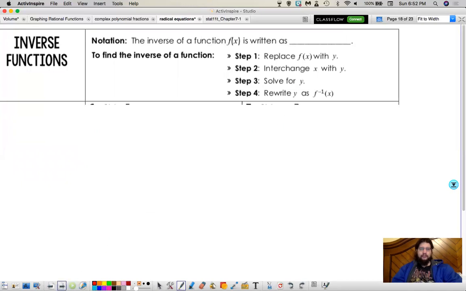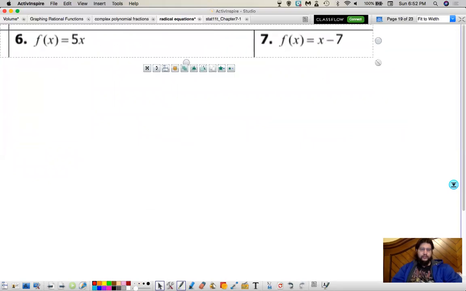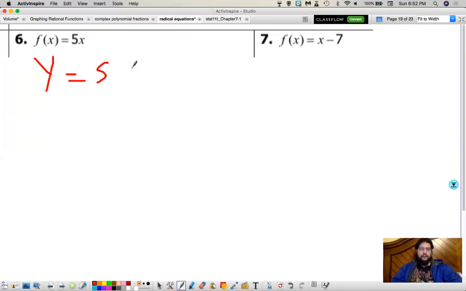Remember, it's f inverse of x. Real quick, let's just do a few. Step 1, put it as y. Step 2, swap them. Step 3, solve for y.